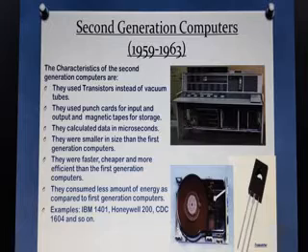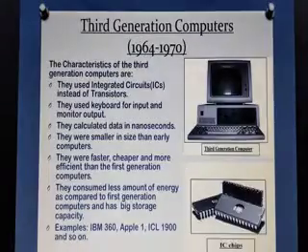But the actual demerit of second generation computers was that they can't be used for general purpose, they were used only for specific purposes. Some of the examples were IBM 1401, Honeywell 200, 400, CDC 1604, and many more. Now we're going to discuss the third generation of computers.